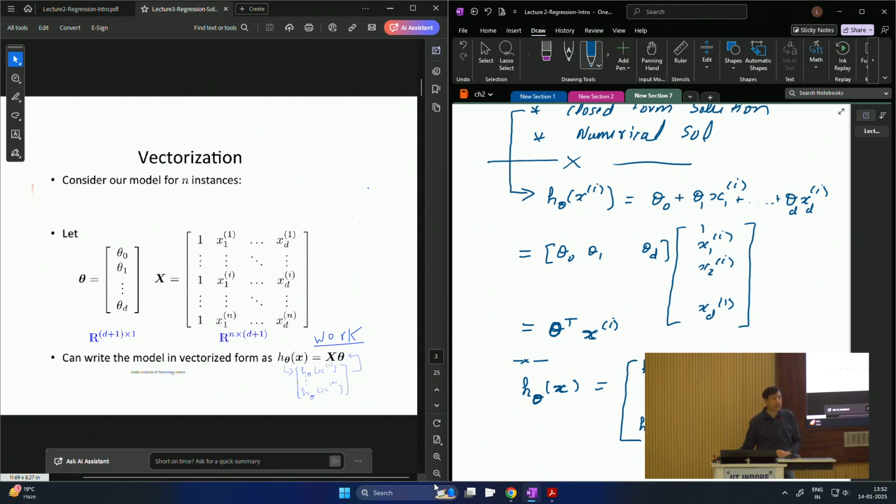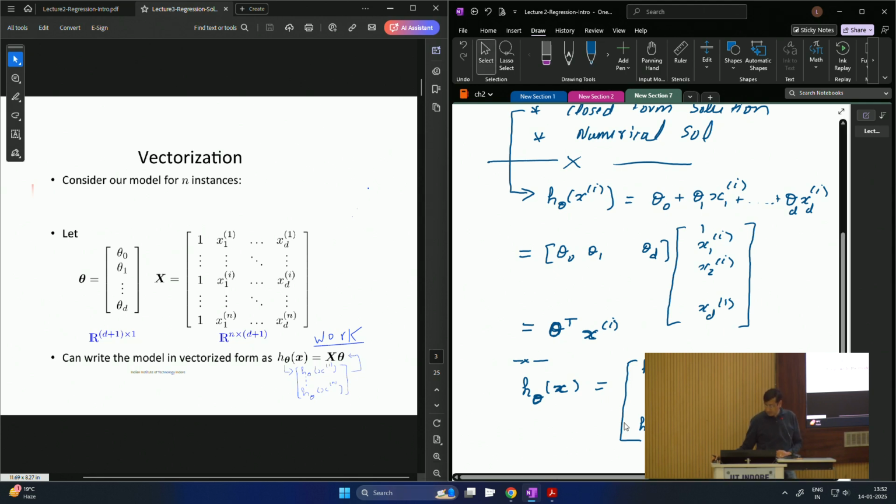Correct? Everybody with me? Because I just wrote h theta xi. Now I'm taking all the x1 to xn and putting them in a row format. I'm just playing around with weight matrices in here. So we're going to write this further.